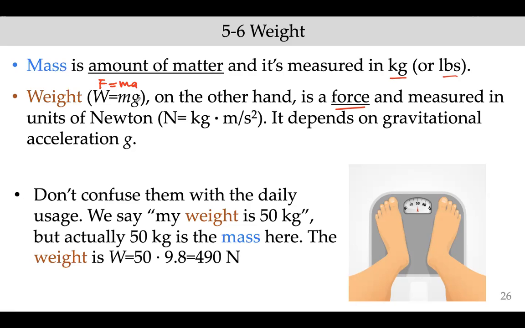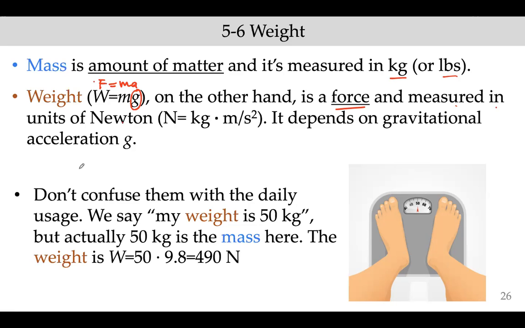Gravity of the Earth is an acceleration, mass, and weight is a force. And force is measured in units of Newton. So now, because it depends on gravitational acceleration, the weight changes if you go to the moon because the gravitational acceleration g is different on the moon.